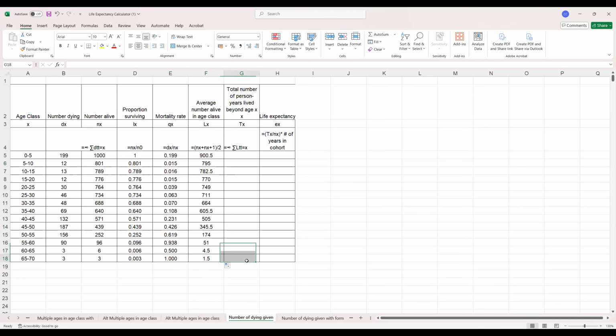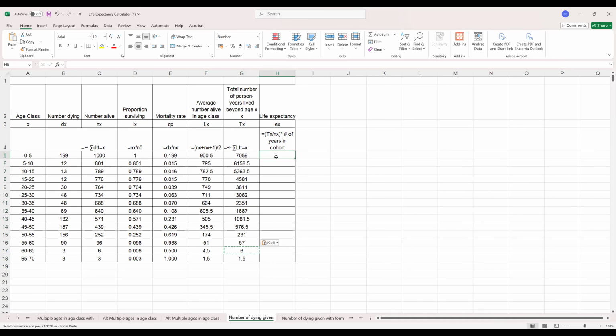And then T sub x, you start at the bottom. Then bottom plus capital L sub x. You copy the formula, you paste it, then finally you can move to E sub x.